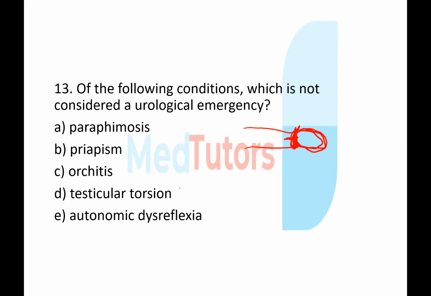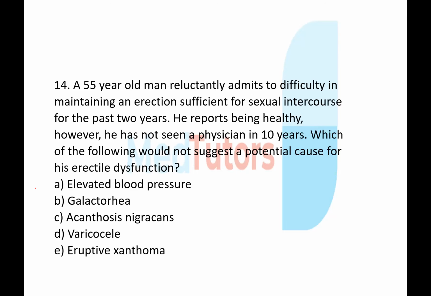Testicular torsion, of course, has to be addressed and detorted within the first 6 hours. If not, the patient can lose their testis. Autonomic dysreflexia can lead to acute urine retention, so it's also an emergency.